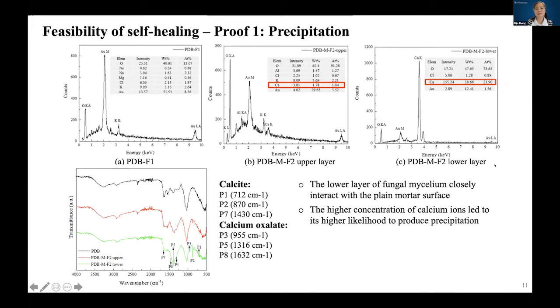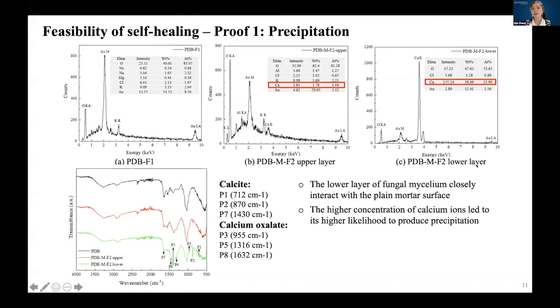Both of them contain obvious fungi mycelium development. As a result, without Moda at the bottom, we can't see the calcium ratio here, and with Moda at the bottom, we can see the calcium ratio here.